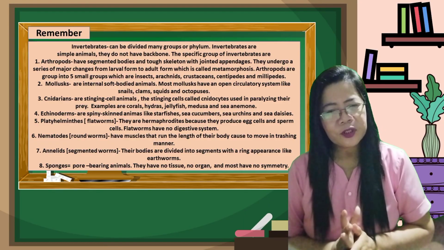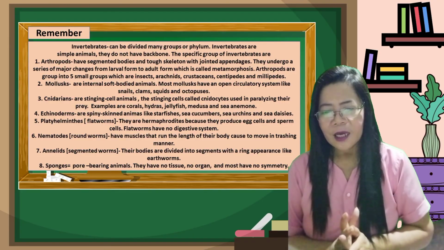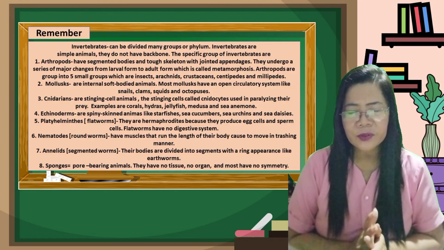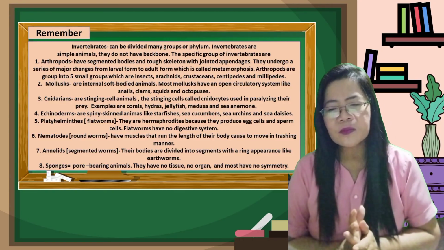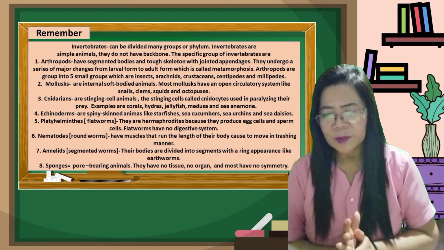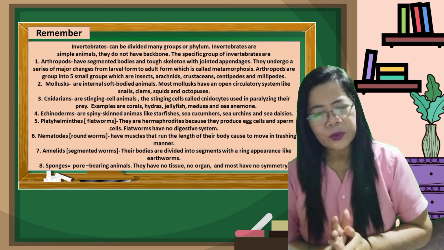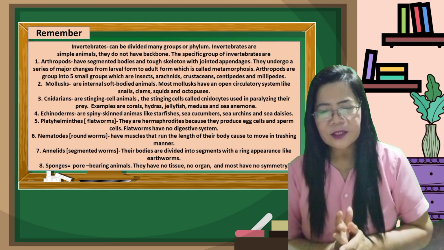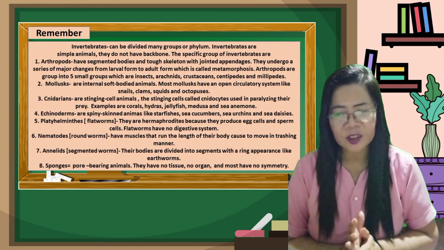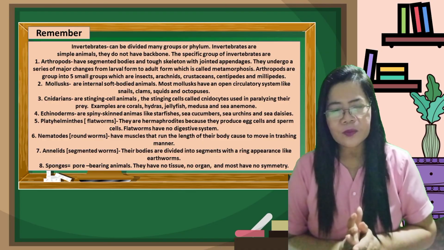The fifth group of invertebrates are the platyhelminths or the flatworms. They are hermaphrodites because they produce egg cells and sperm cells. Flatworms have no digestive system. Then the sixth group are nematodes or roundworms. They have muscles that run the length of their body, causing them to move in a thrashing manner. The seventh group are annelids or the segmented worms.